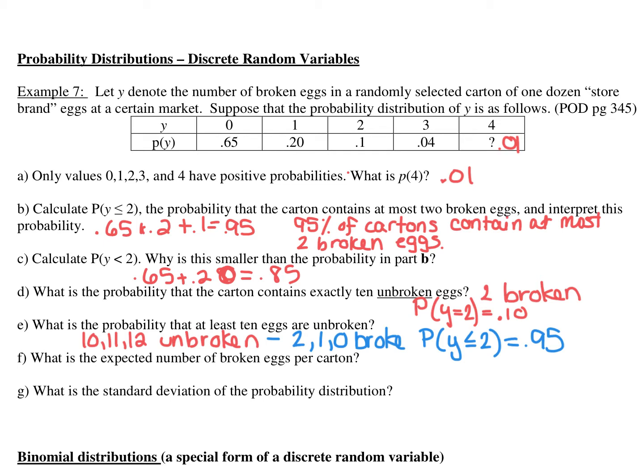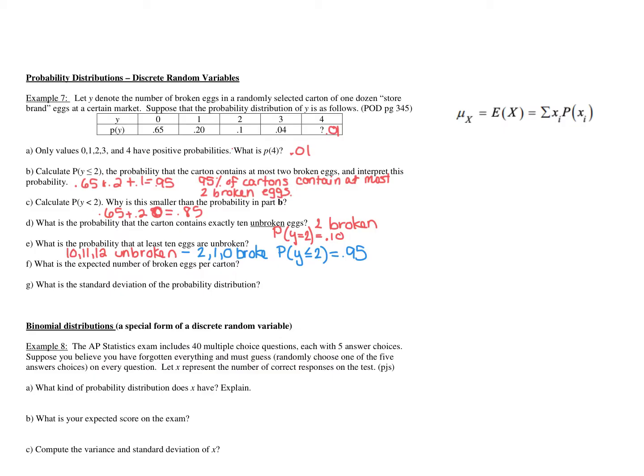In part F, we were asked about the expected number of broken eggs per carton, so you probably want to take a look at your formula sheet. Here's the formula for expected value in discrete random variables. Mu of x is equal to the expected value, which is equal to the summation of each random variable times the probability of it occurring.